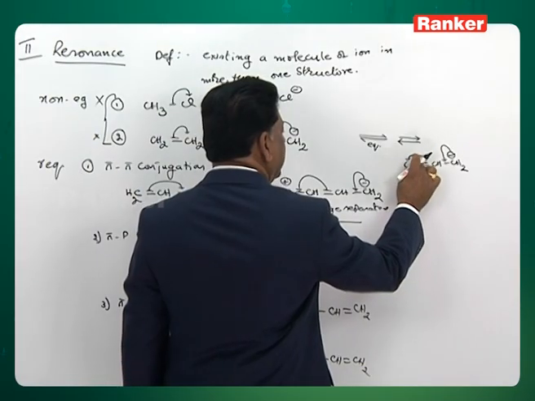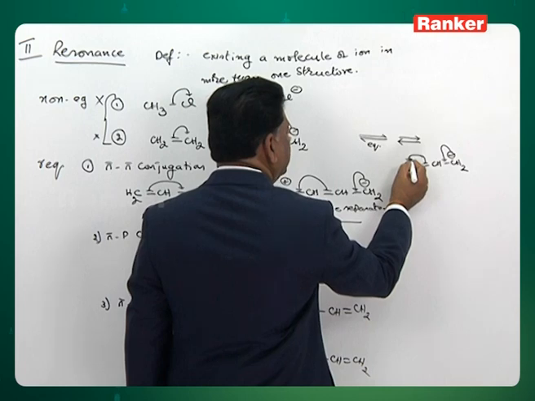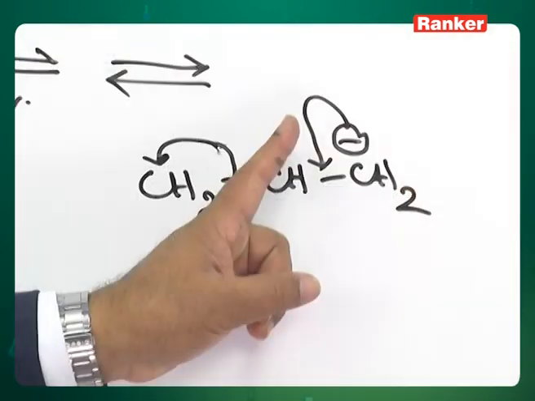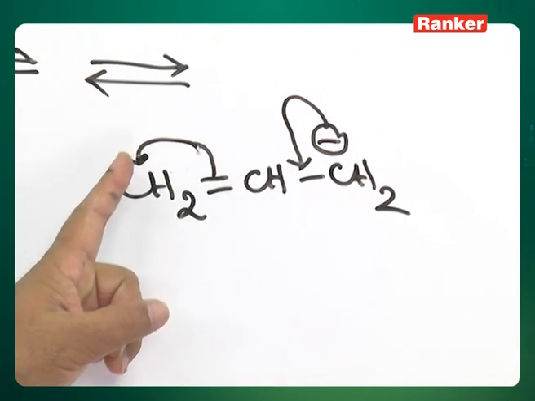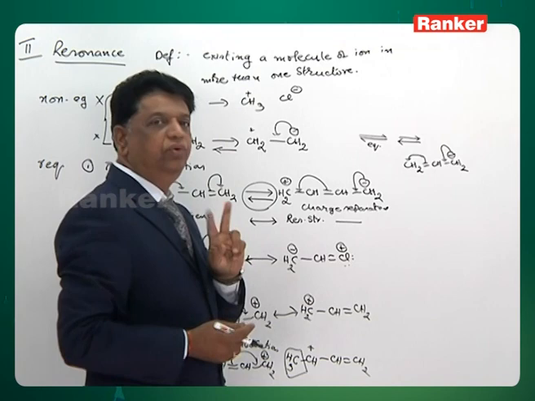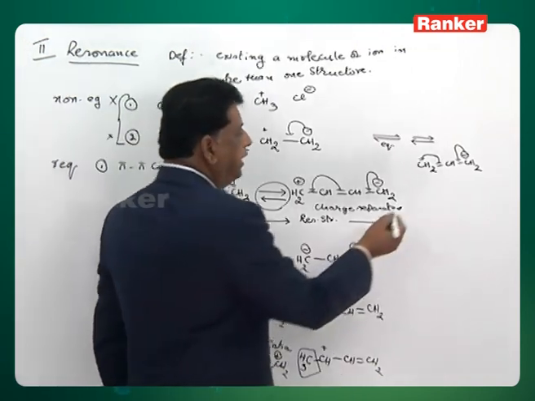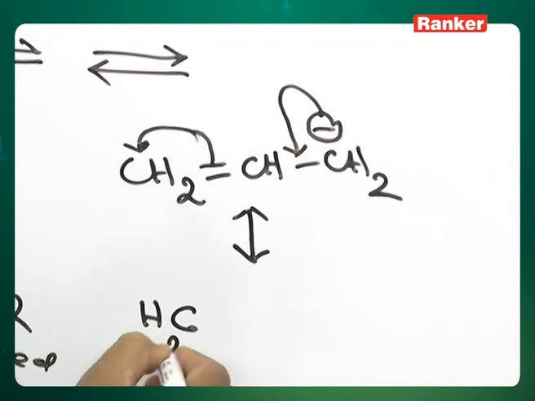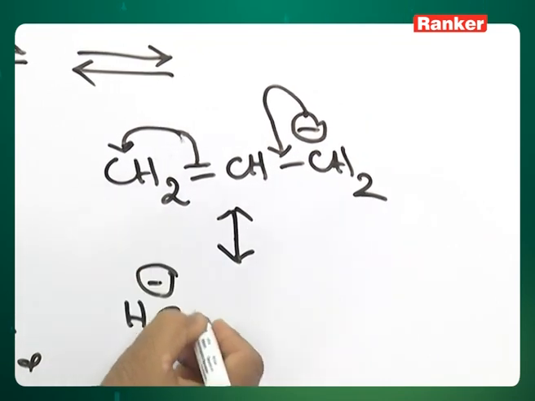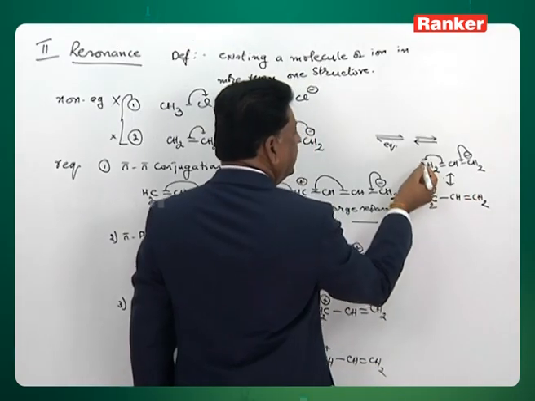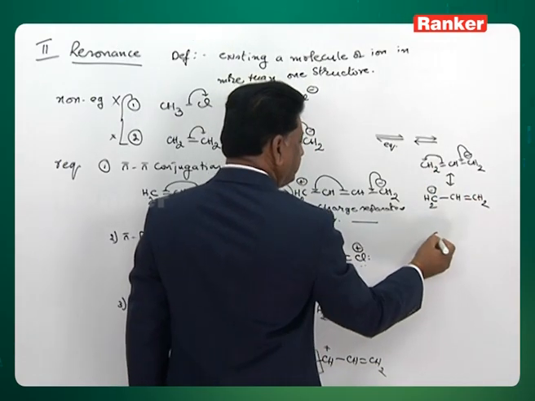Where it started and where it ended, you must show very clearly, so that the movement, this arrow, that is a bent arrow, a curved arrow, shows movement of two electrons. So clearly, the structure will become another allyl carbanion: this side minus will come, that side double bond will come. Allyl carbanion, allyl carbanion.